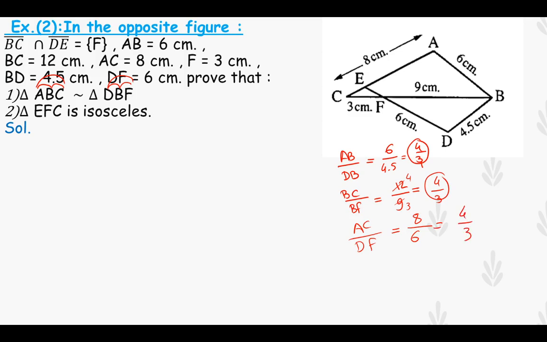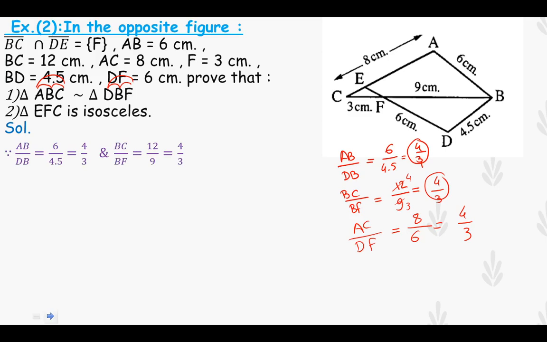So now you know that all the corresponding sides of the triangles are proportional, so the two triangles are similar. Okay? Here we want to prove that triangle EFC is an isosceles triangle. Let's solve the first requirement together by using the PowerPoint.